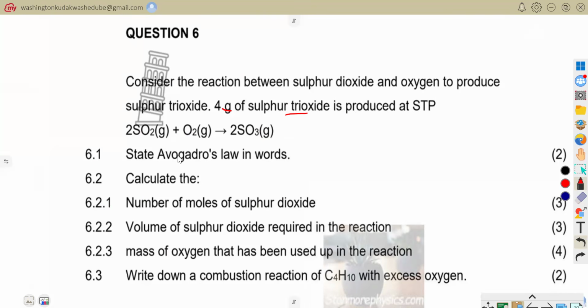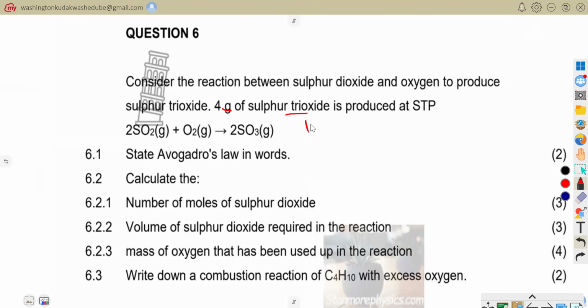Avogadro's law says that 1 mole of any gas will be equivalent to 6.022 times 10 power 23 number of entities. Or else you can say 1 mole of gas occupies the same volume at the same temperature and pressure.